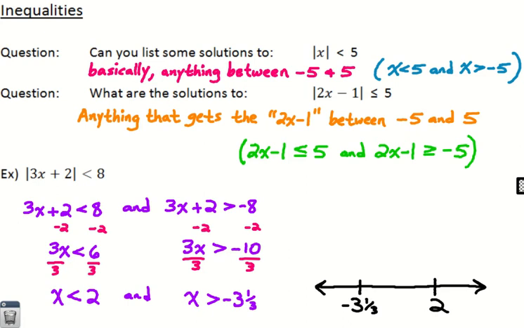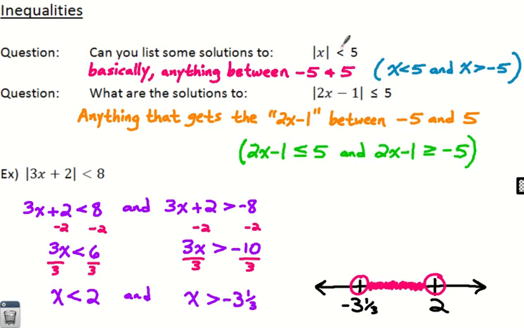We got x is less than 2, open circle, and greater than negative 3 1/3. And the word is and, so it's no surprise that the graphs are going into each other, and we're doing this in-between type answer.